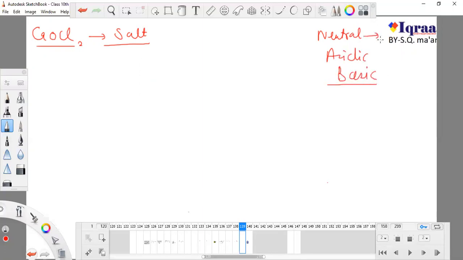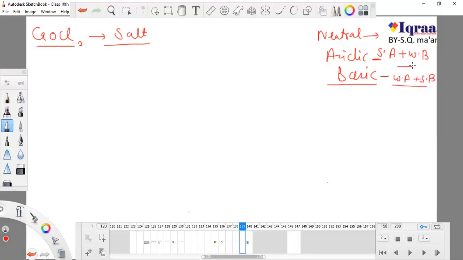When weak acid and weak base react, or strong acid and strong base react, it forms a neutral salt. Acidic salt is formed when strong acid goes with weak base, and basic salt forms when weak acid goes with strong base.